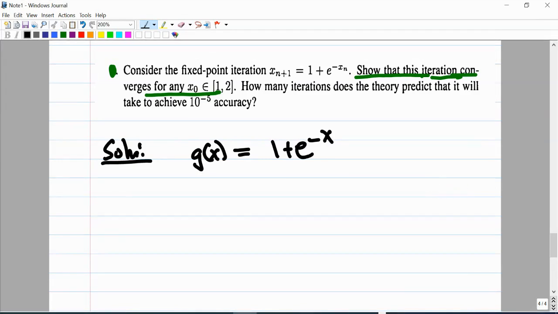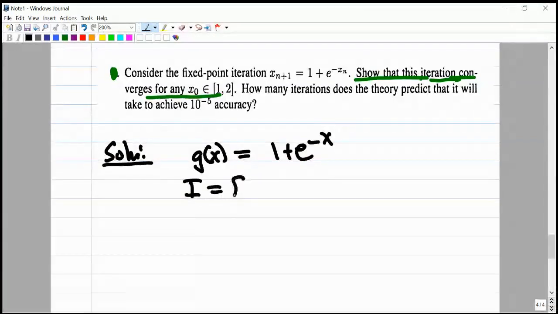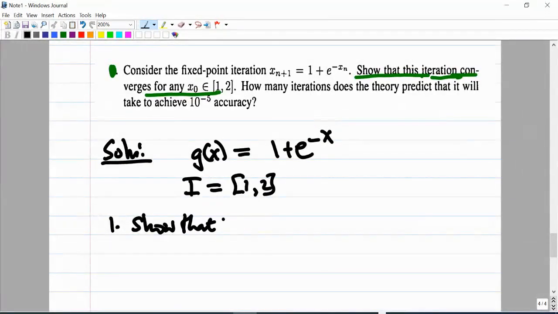Remember, for it to define an iteration, we need to show our I here is equal to what? 1, 2. So we need to show that the range of g of x is actually 1, 2.